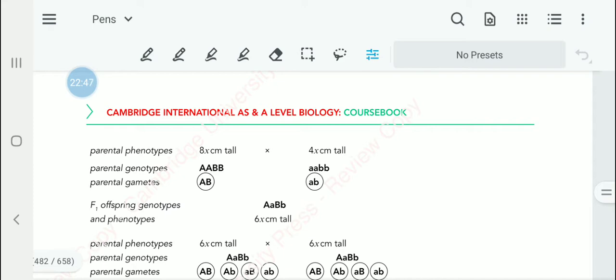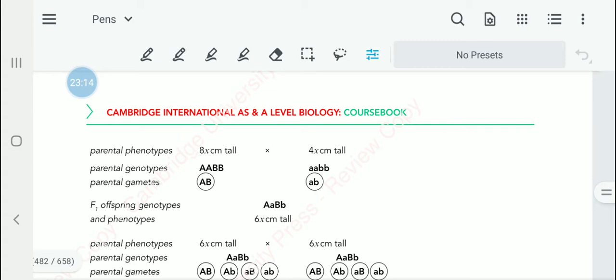Which can be summarized as follows. Write down. Parents homozygous, each contributing 2x, capital A 2x, capital B 2x, and simple A x and simple B x.